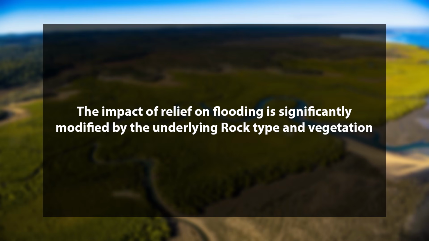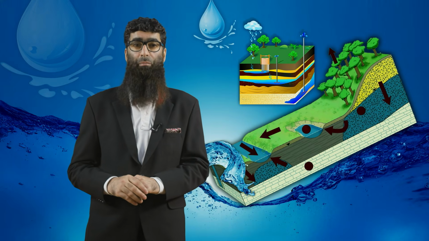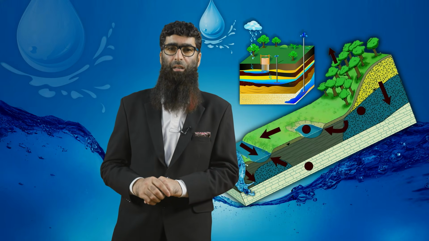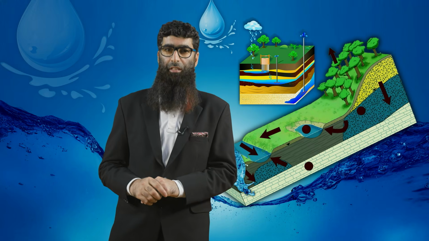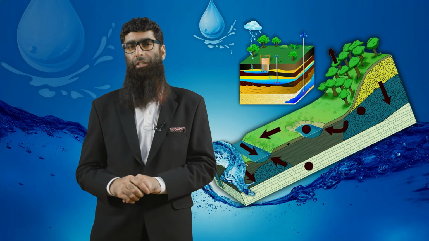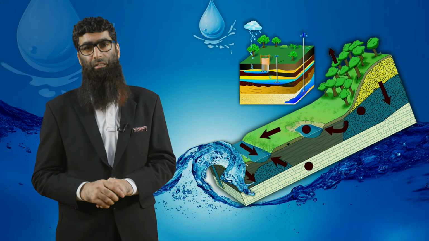The impact of relief on flooding is significantly modified by the underlying rock type and vegetation. For example, hard compact rocks of the watershed tend to inhibit infiltration and increase the surface runoff.